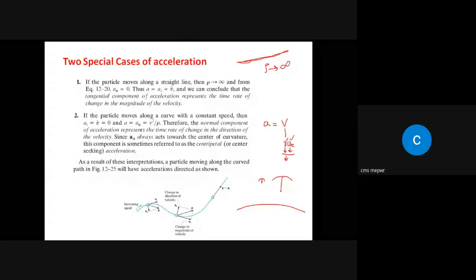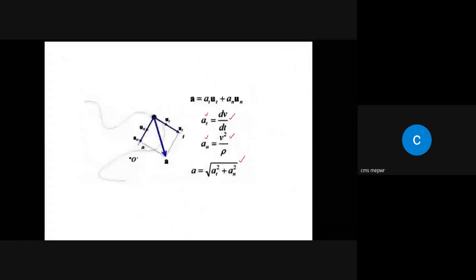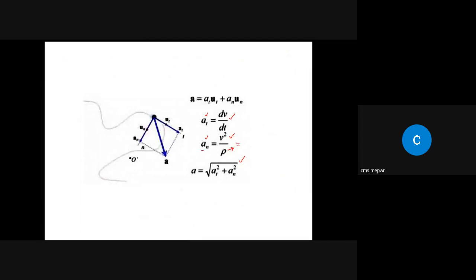If you look at the previous slide, here rho is equal to infinity, so this whole term will become 0. And dv is basically the change in velocity magnitude with respect to time, so we will have this component. When you put this over here, this term becomes 0 and the total acceleration is equal to the tangential component only, right?